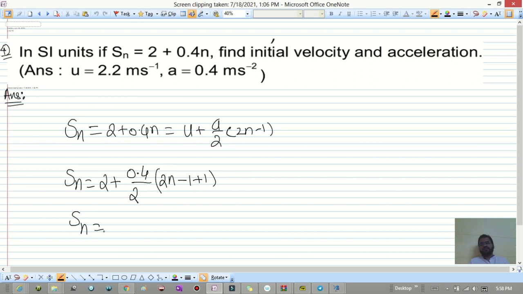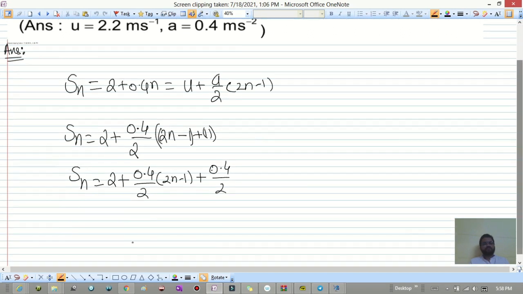Okay, so Sn is equal to 2 plus, this will become 0.4 by 2 into (2n minus 1) plus 0.4 by 2. I multiplied this by 0.4 by 2 and added this 1 by 0.4 by 2, and we will get Sn is equal to 2.2 plus 0.4 by 2 into (2n minus 1). So what is u over here? u is 2.2.